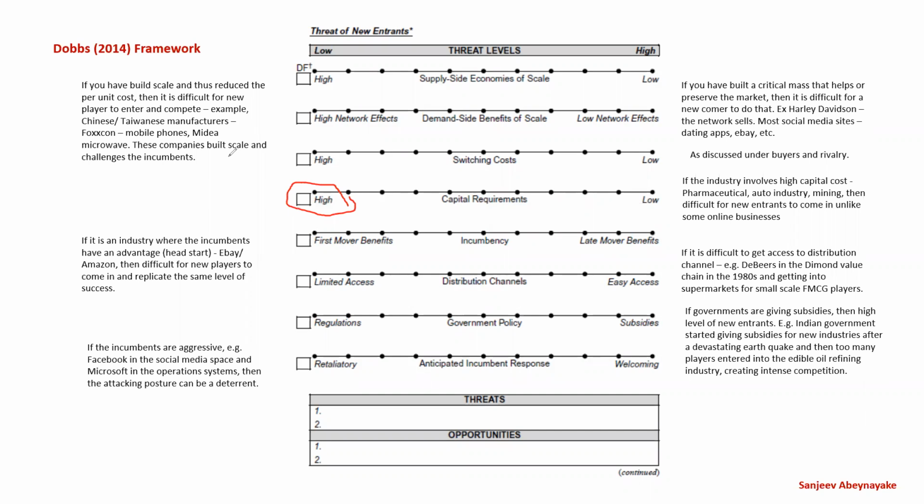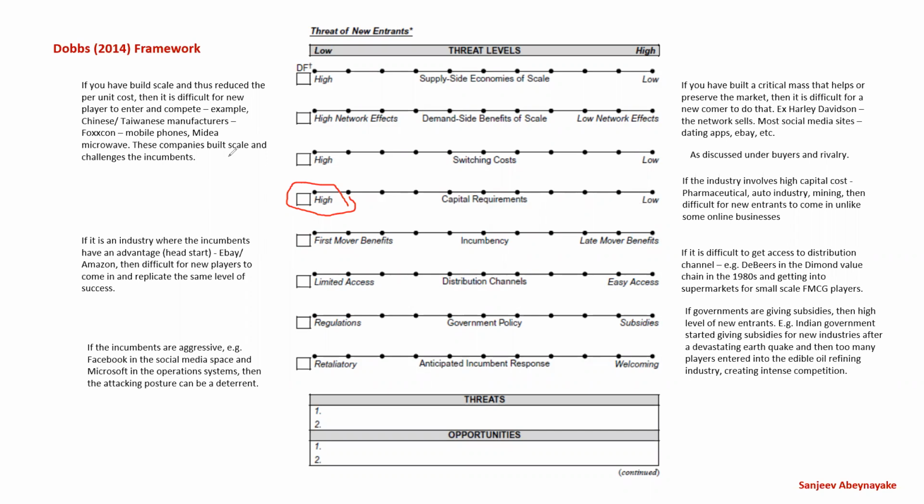So if Walmart or Carrefour wants to enter, they have to invest quite a bit, and a smaller player will find it very difficult to enter and gain a foothold because the capital requirement is very high. You will see that in the pharmaceutical industry, and in mining, where there is a huge capital outlay, it acts as a deterrent, and therefore the threat of a new entrant is low.